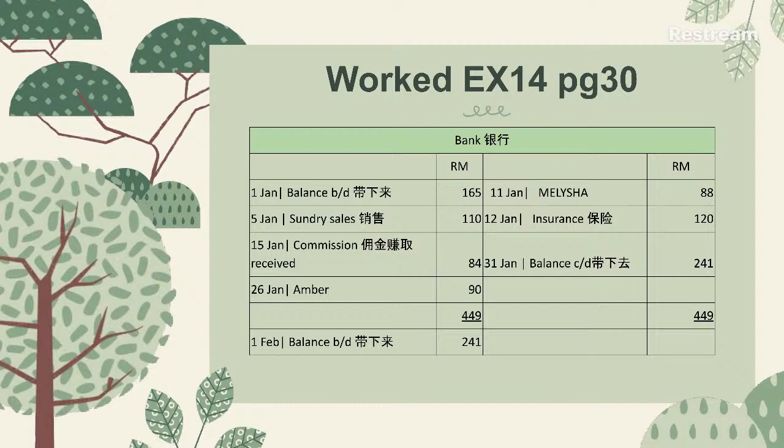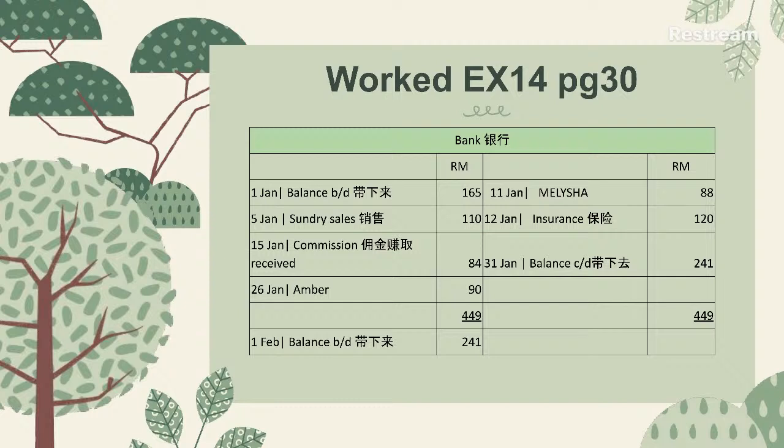And then it says Amble 90. Means Amble actually paid on 26th of January to the bank account, transferring certain money coming in. Okay, it's a positive one, which is 90. So this is all the positive side. That means income coming in, which is in this particular column.